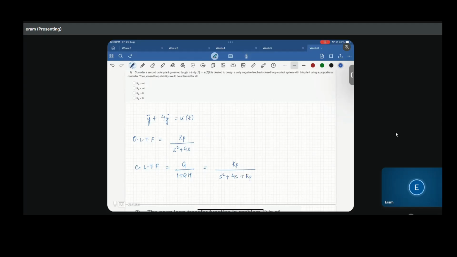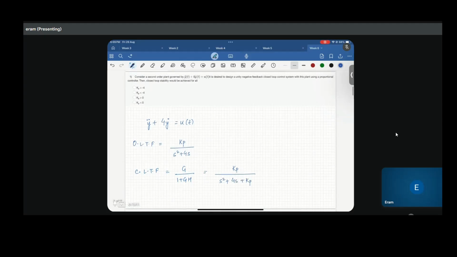Now, in order to have a stable closed loop system, we need to have all the poles lie on the left half plane of the S plane. So for that we need to solve the characteristic equation, which is s square plus 4s plus Kp equals to 0.